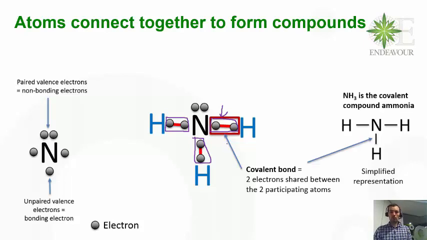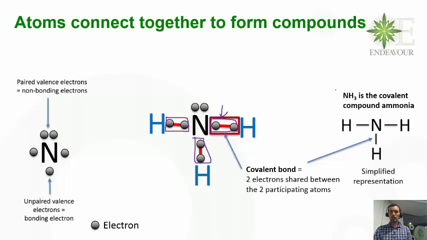So instead of having these circles representing the electrons, a covalent bond is just shown as a line between two atoms. So you can see that each of these electron pairs here is just represented as a line. So we've got the three covalent bonds between the nitrogen and the three hydrogen atoms, just like we had on the left-hand side here.